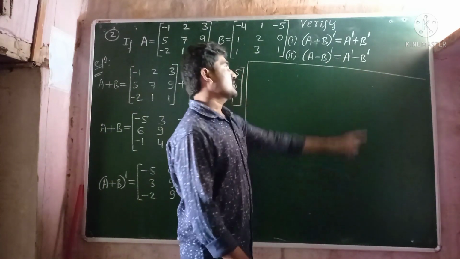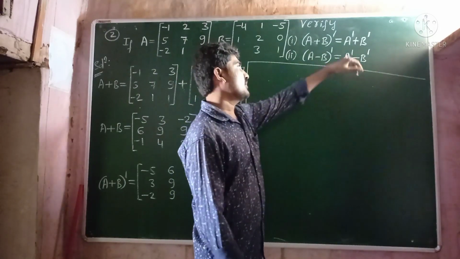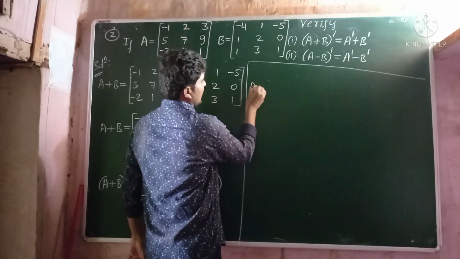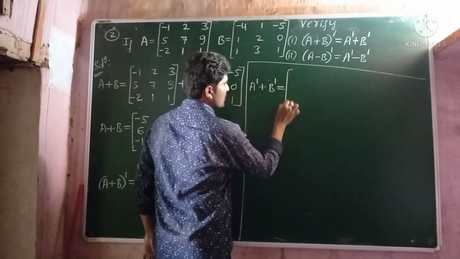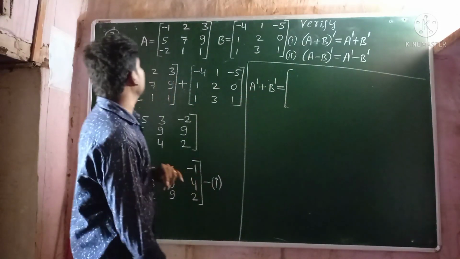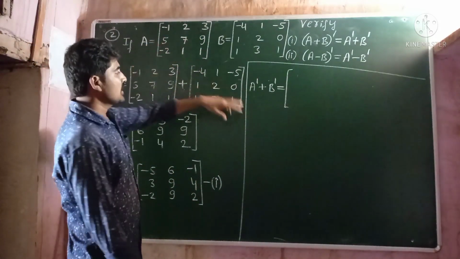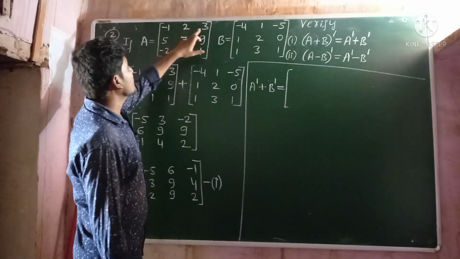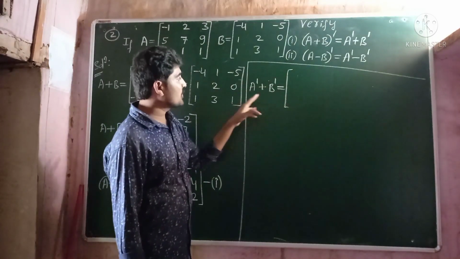Now the value of RHS is transpose of the matrix A plus transpose of the matrix B, or simply we read it as A dash plus B dash. Matrix A dash is obtained by interchanging rows and columns of the matrix A. Therefore matrix A dash is equal to -1, 2, 3, the first row of the matrix A, becoming the first column of A dash.